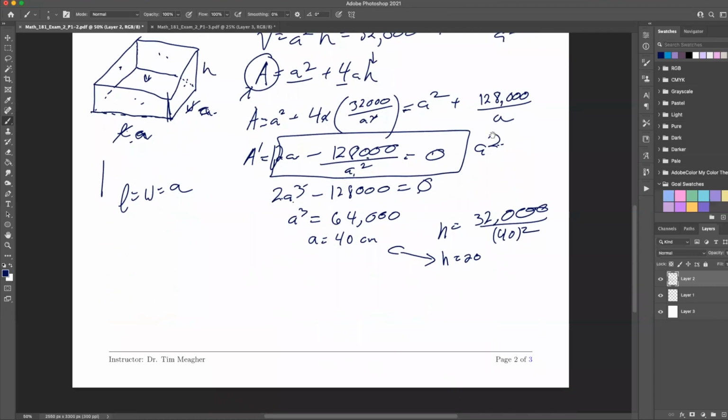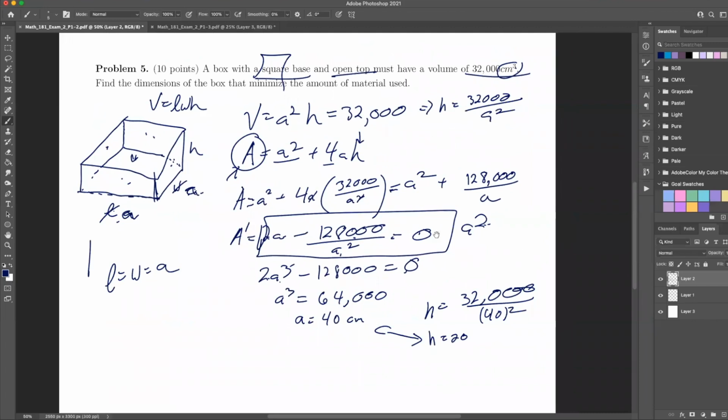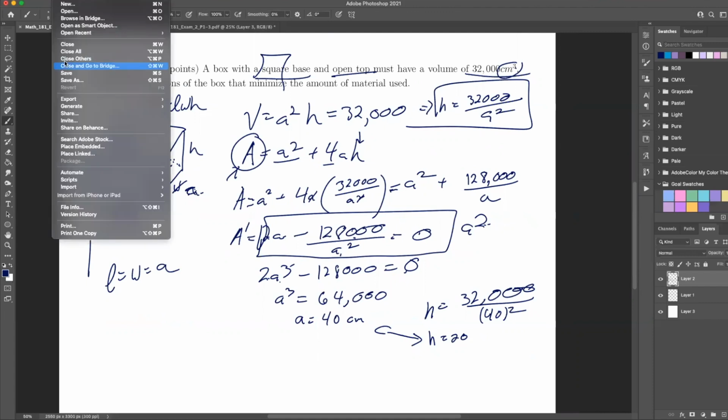All right, so let's do the last problem. I don't know if I have enough time to do that. All right, what equation do you plug in to find H? I use this one. I know what A was, and I just plug that in there. Okay.